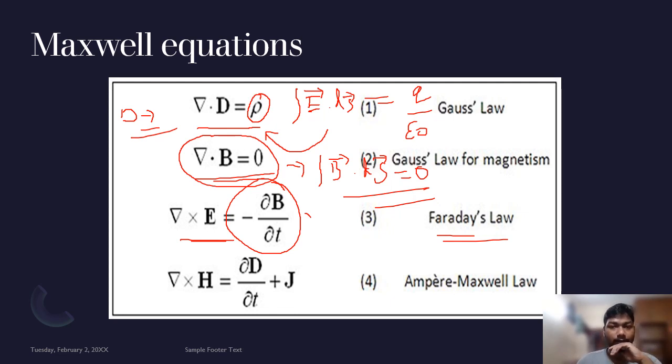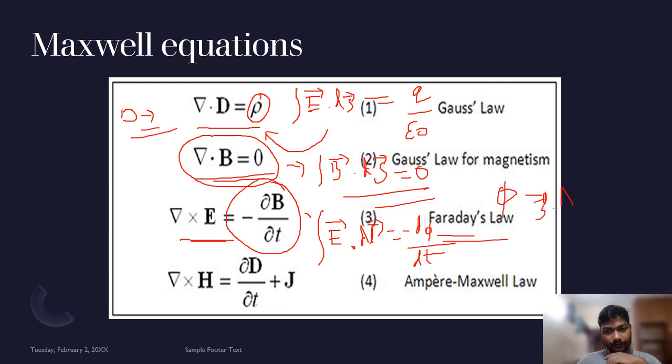In integral form, the integral of E dot dl equals minus d phi upon dt, and phi is given by the integral of B dot dA, excuse my handwriting here. A is the area, B is the magnetic field. So basically, a time varying magnetic field can produce an electric field.